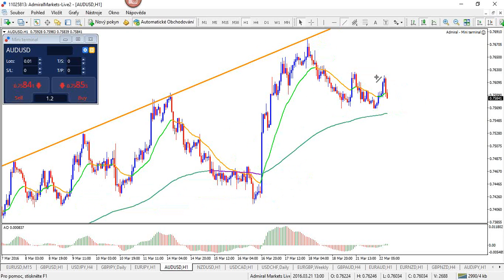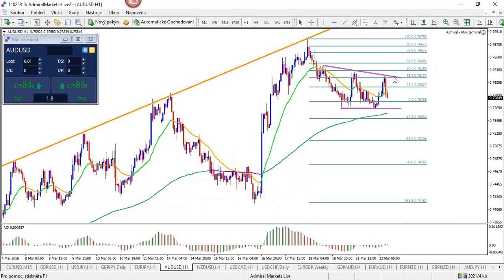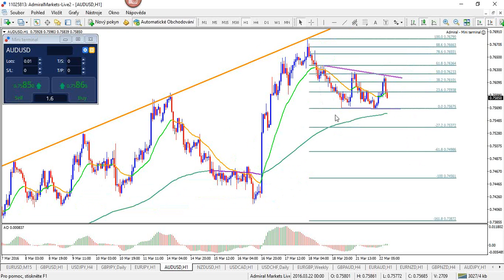And I think that we're probably going to see, or need, I would say, a breakout of that to have a chance of most likely a bigger retracement or a continuation. If I put a fib from here to here, 75 seems the target to be.